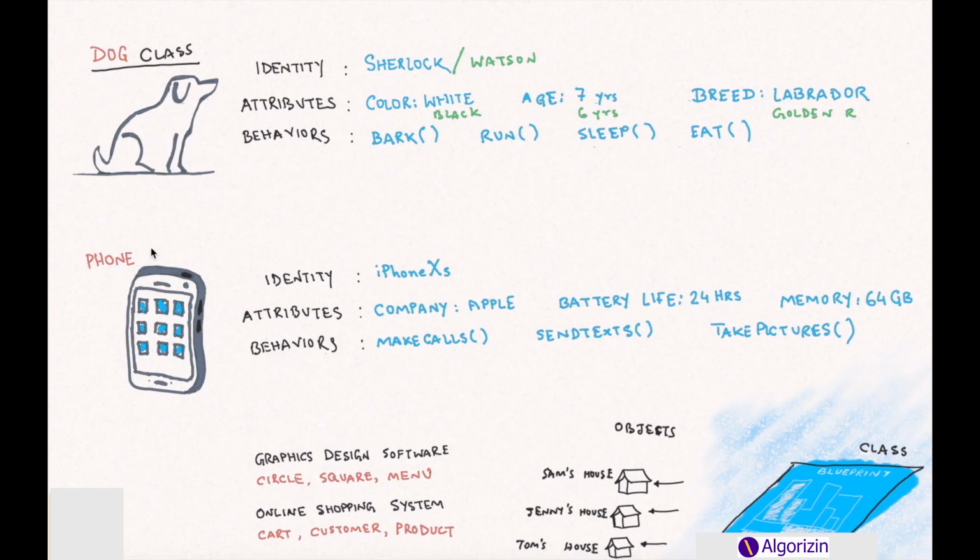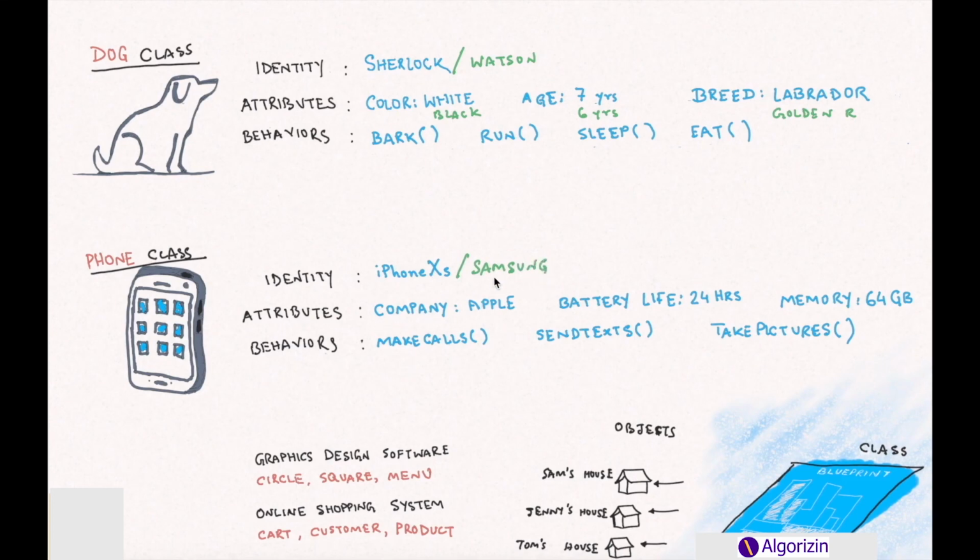In the same way, if you want to create many different phone objects, at first, you'll have to create a phone class. Let me change the color for this. You'll have to create a phone class. And once you've created the phone class, from there, you'll be able to create as many different phones as you want. So maybe this phone's identity is iPhone XS, but the new phone that you want to create, or a different phone that you want to create, might be Samsung, right? So you might have a different phone named Samsung.